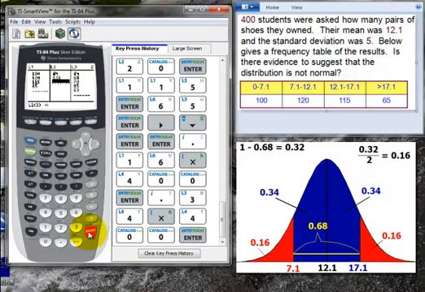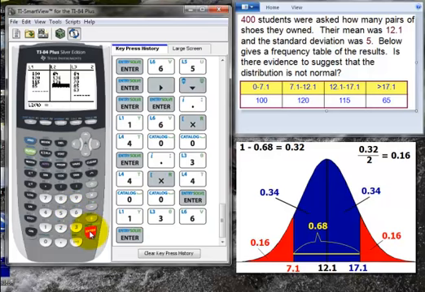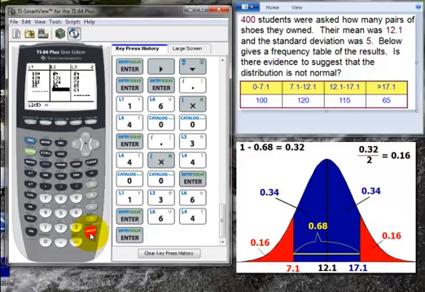Because of symmetry, we're going to have 136 for the next interval between 12.1 and 17.1. And we should have 64 greater than 17.1. So those are our expected counts. We can see the expected and observed are not exactly the same. The question is, are they far enough from each other? And that's what the chi-squared goodness of fit test will help us find out.